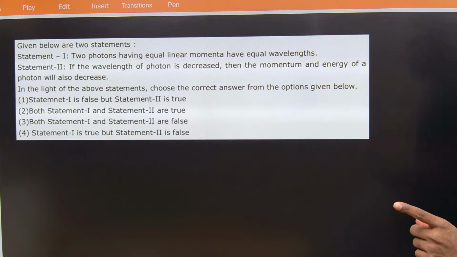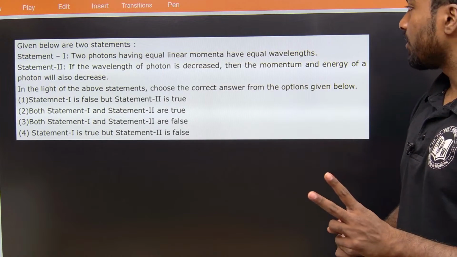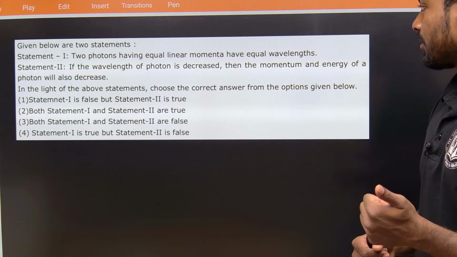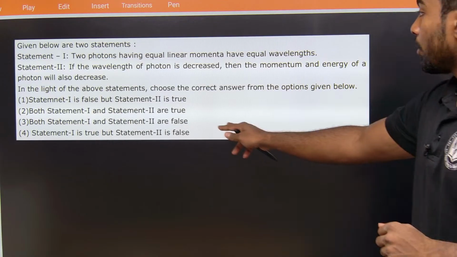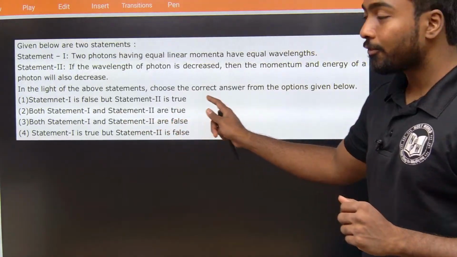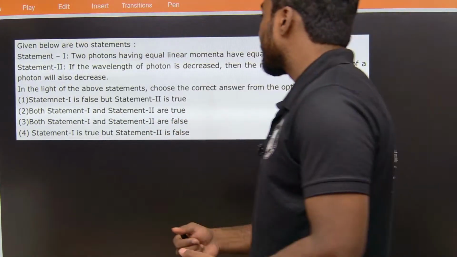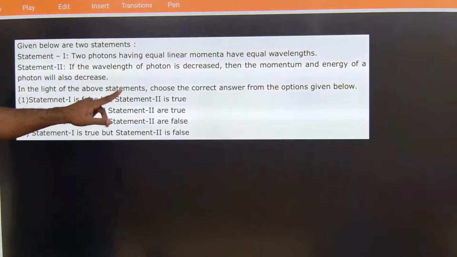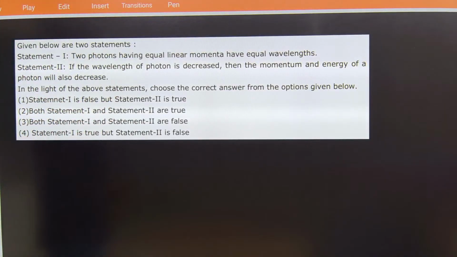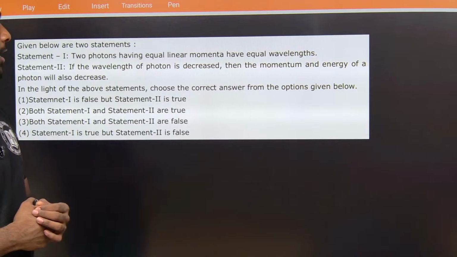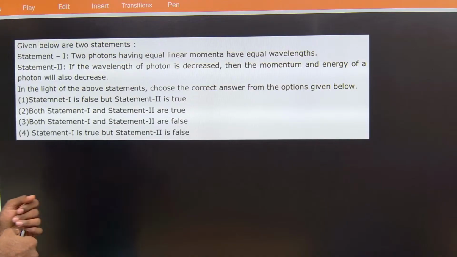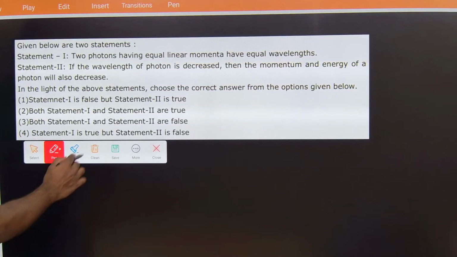I need to check in the light of the above statements and choose the correct answer from the options given below. Statement 1 is false and statement 2 is true; both are true; both are false; statement 1 is true and statement 2 is false. Out of these 4 options I need to choose the correct one. First we need to know the relation between momentum and wavelength, and energy and wavelength.